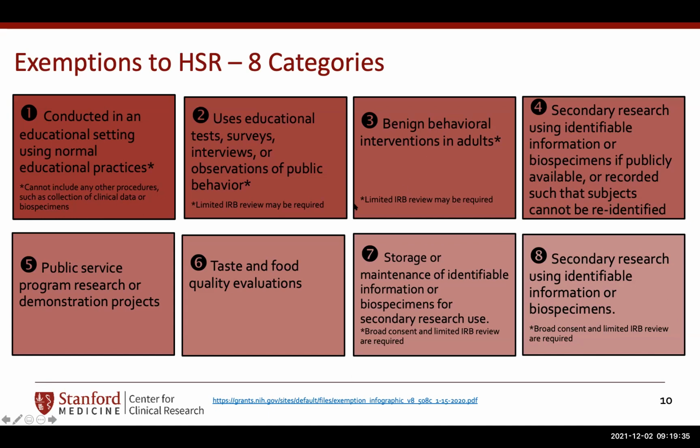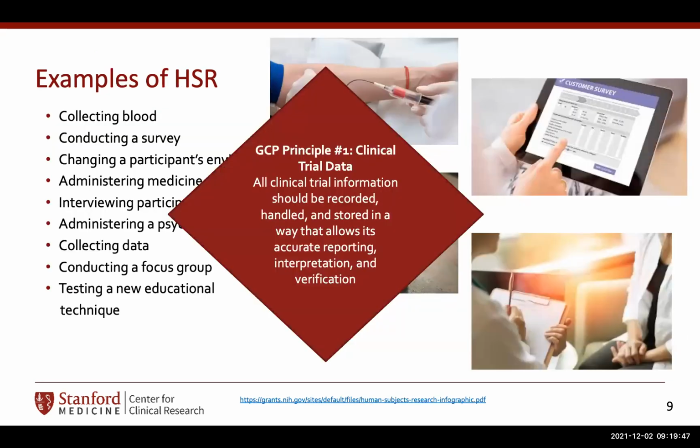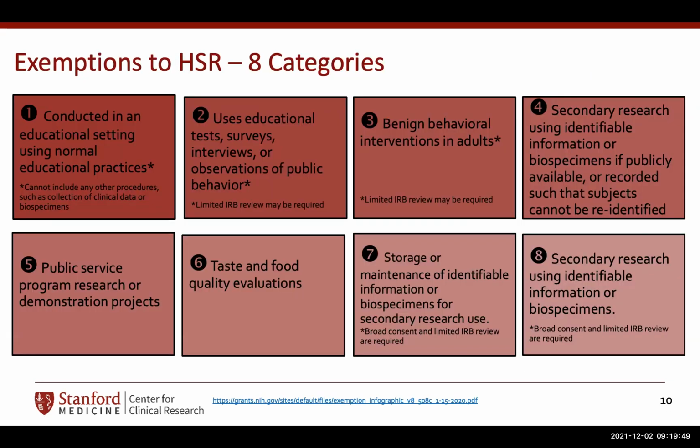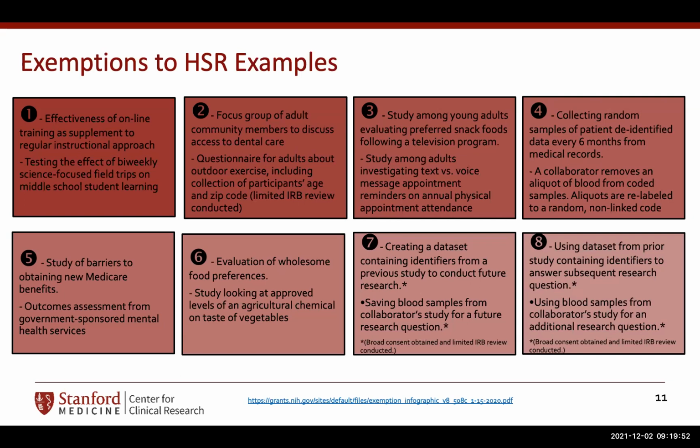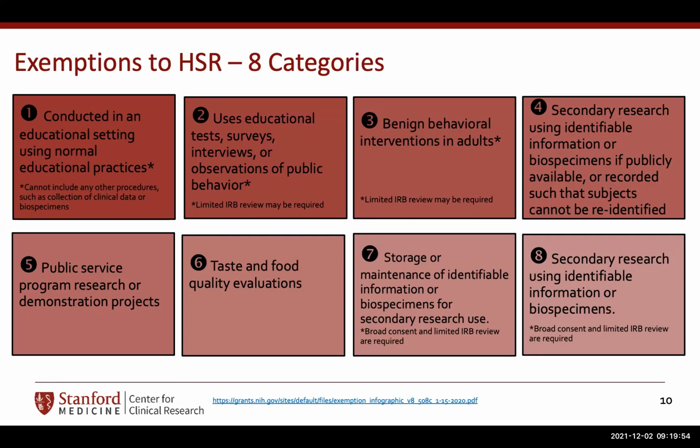The fifth one, public service program research or demonstration projects, and we'll go over some examples of these on the next slide. Taste and food quality evaluations, back to that first poll question. Storage or maintenance of identifiable information or biospecimens for secondary research use.